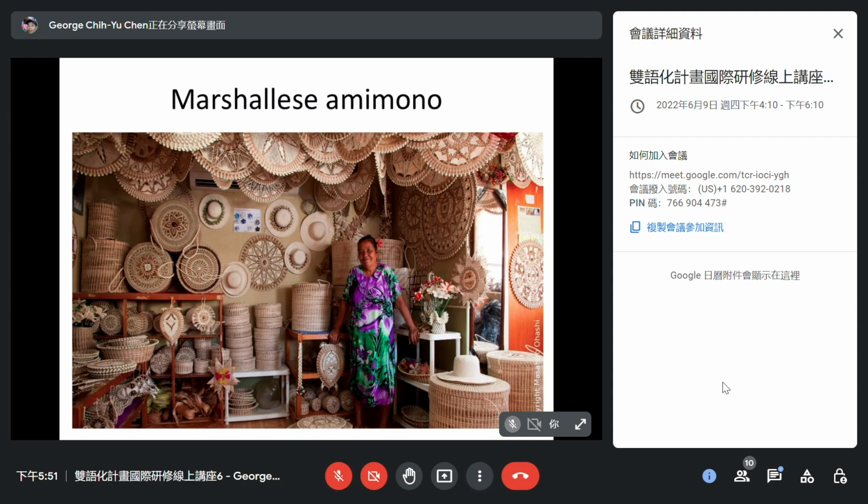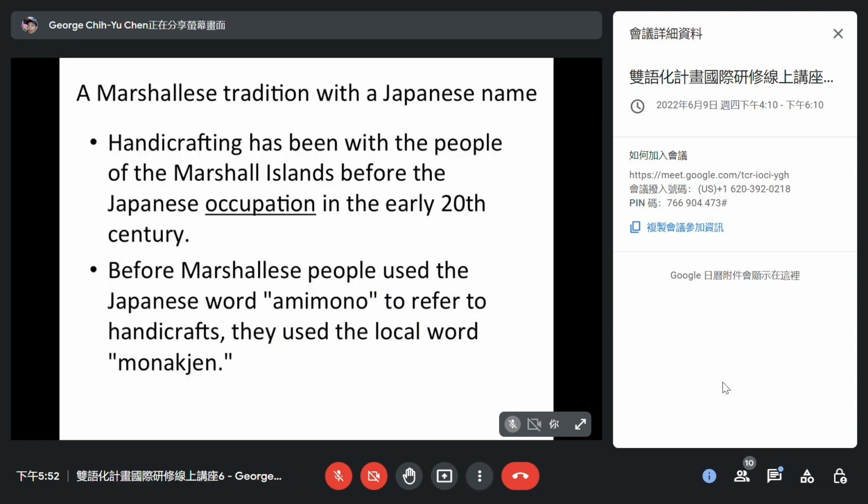And then the people in Marshall Islands adopt this word amimono to mean handicraft. Before Marshallese people adopted Japanese word amimono, they have their own local word called manach-jan. So a Marshallese tradition with a Japanese name.